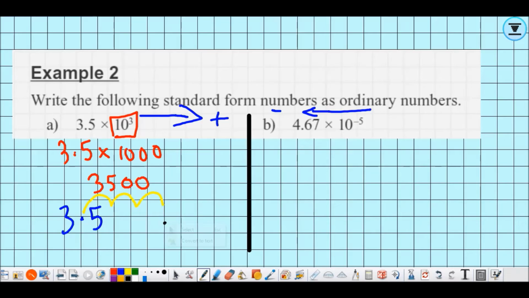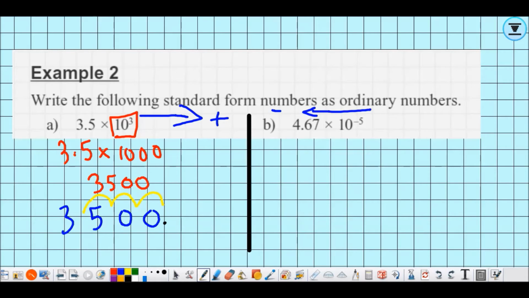Put my decimal point at the end. Fill in the placeholders with zeros. And you can see I now have 3,500. Remember, that decimal point has to move. It's not 3.500, because that would still be 3.5. So it's 3,500.